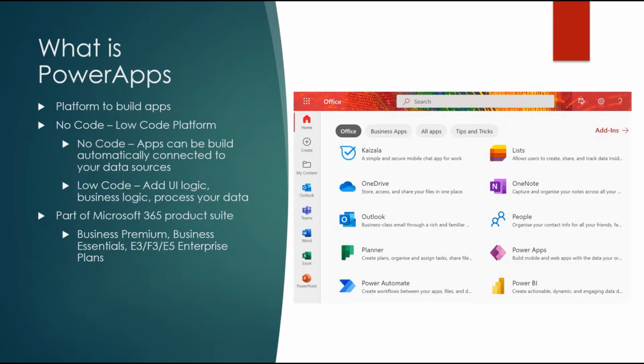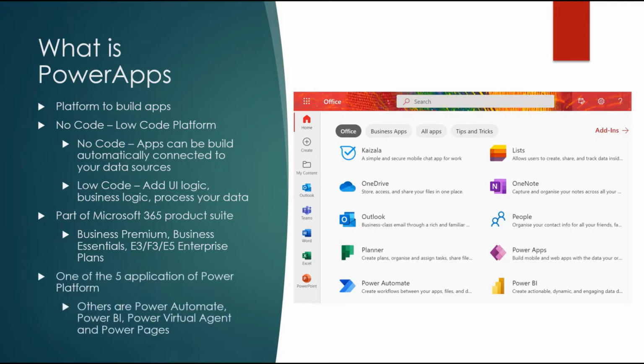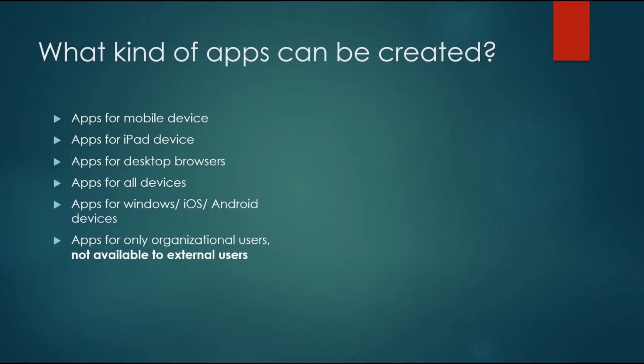Of course there is a difference, so just check it out and learn about it. Then this is again one of the 5 applications of Power Platform, and other applications are like Power Automate, Power BI, Power Virtual Agent, and Power Pages. Okay, so let's move to the next slide.